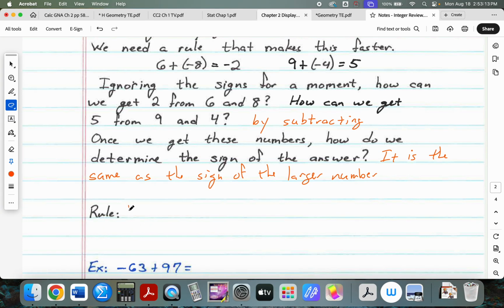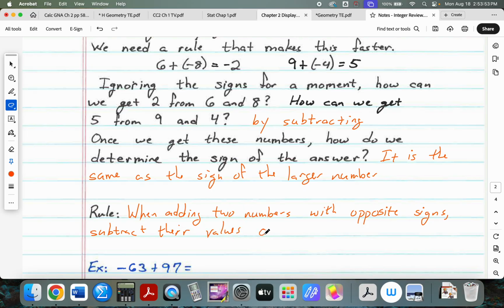So our rule here is, when adding two numbers with opposite signs, subtract their values and use the sign of the larger value.